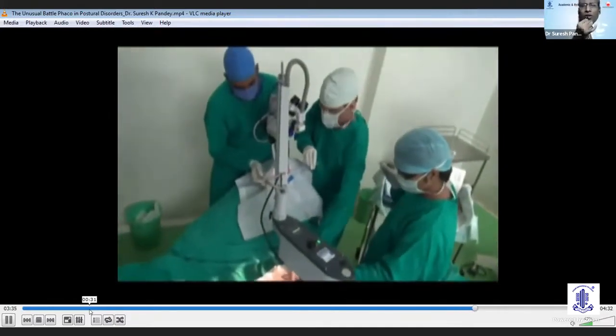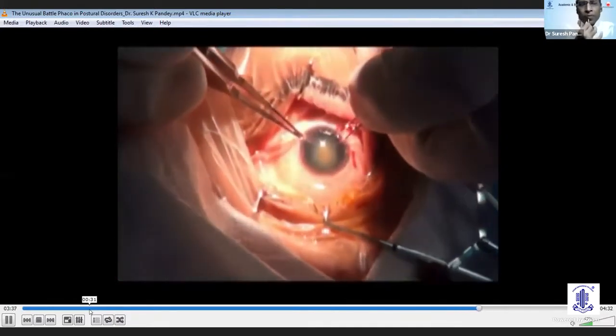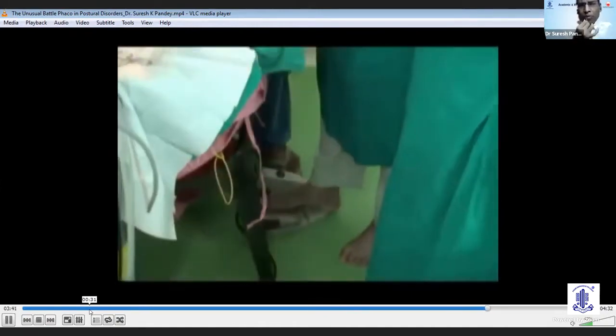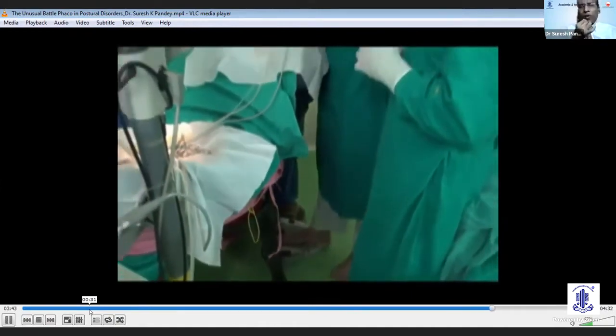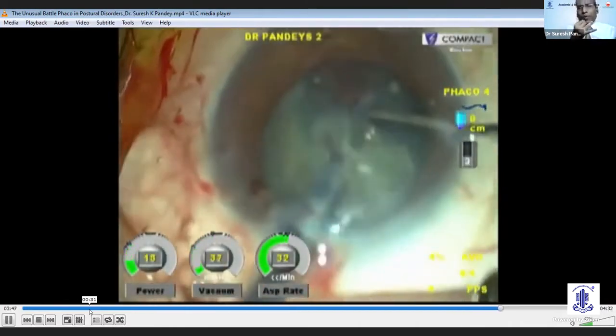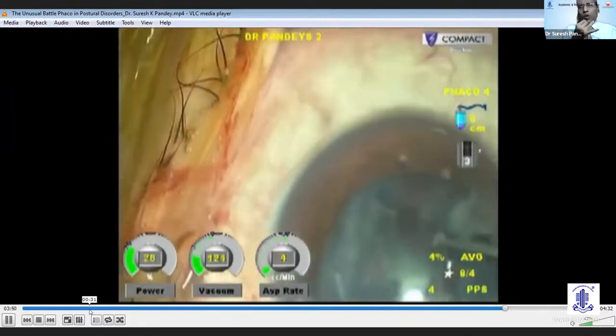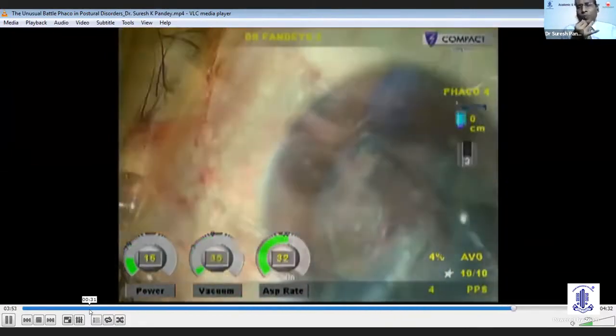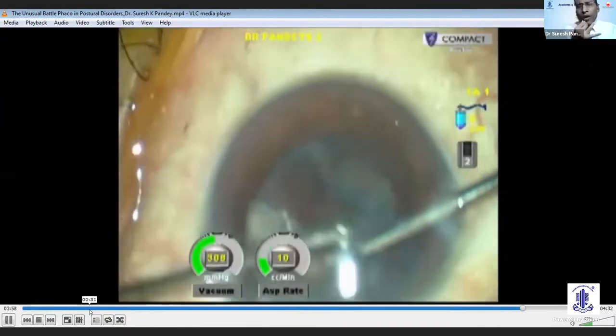The surgeon once again took the standing position, and you can see the surgery being done. This is the capsular access. The difficult part was that you cannot use both feet while performing surgery. So we asked our assistant to use the foot switch of the OT table to move it up and down.